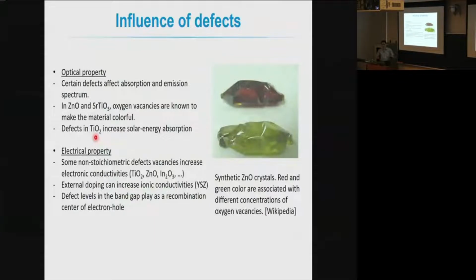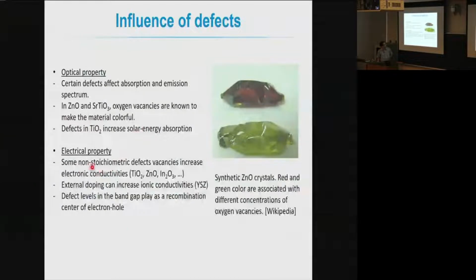It does not absorb the visible light. So in order to enhance the absorption of the visible light, sometimes people introduce the defect or the dopants, okay, and they produce the defect levels within the band gap, which absorb the visible light. Okay, so those are the change of the optical property, and also it affects the electrical property.